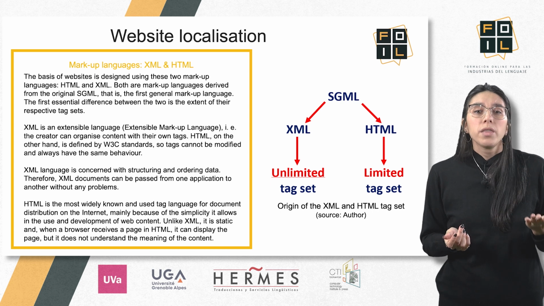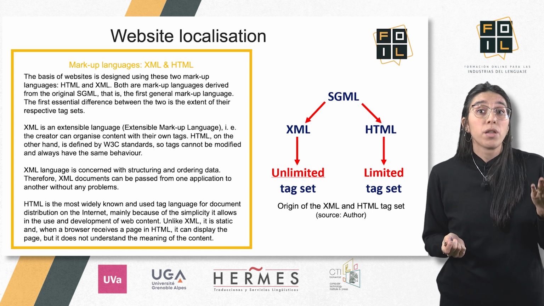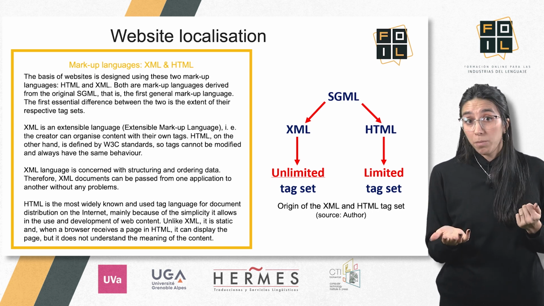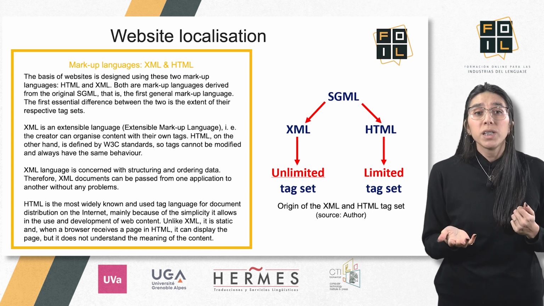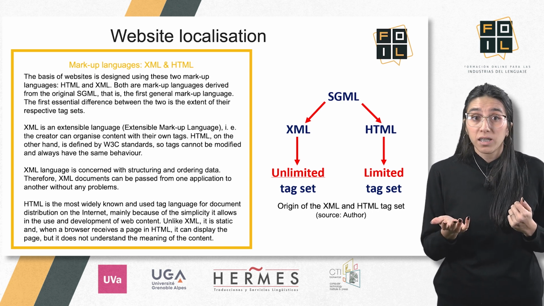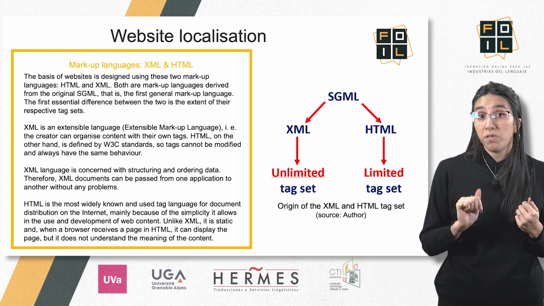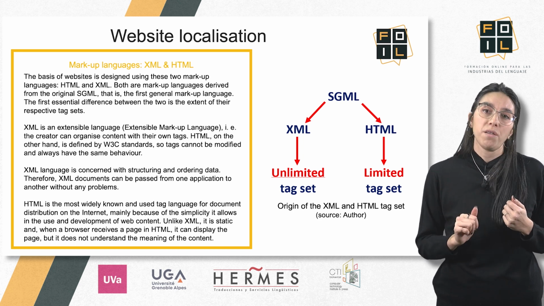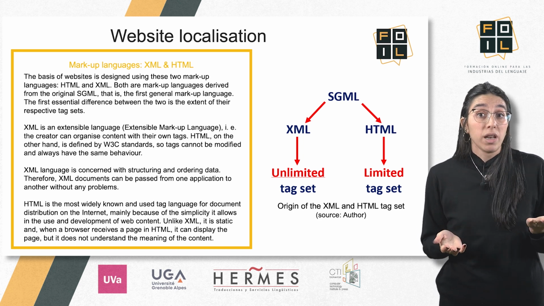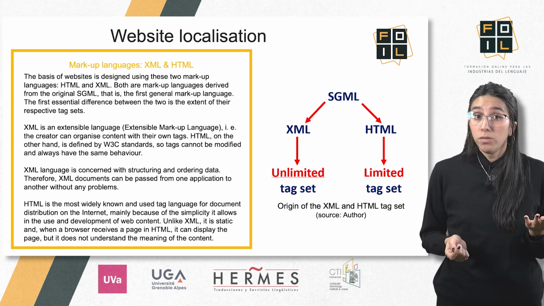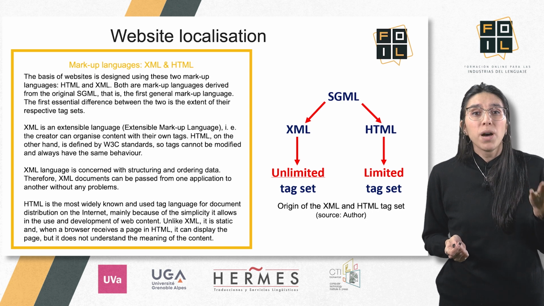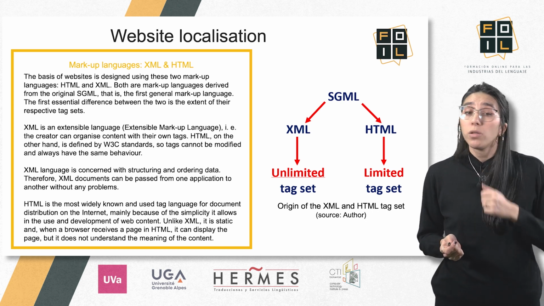For example, the creator can organize content with their own tags. HTML, on the other hand, is defined by W3C standards, so tags cannot be modified and always have the same behavior. XML language is concerned with structuring and ordering data. Therefore, XML documents can be passed from one application to another without any problems.